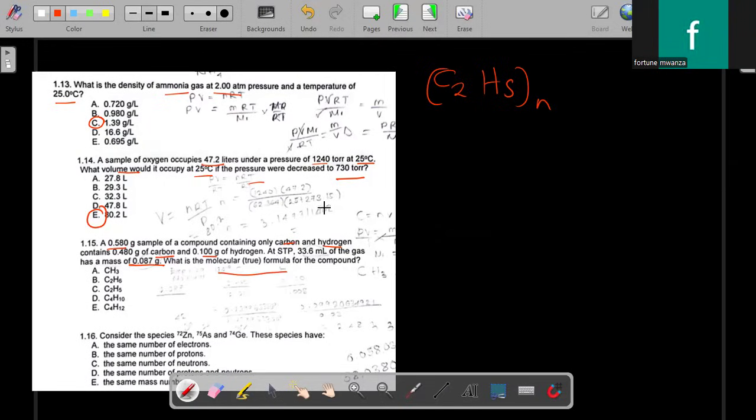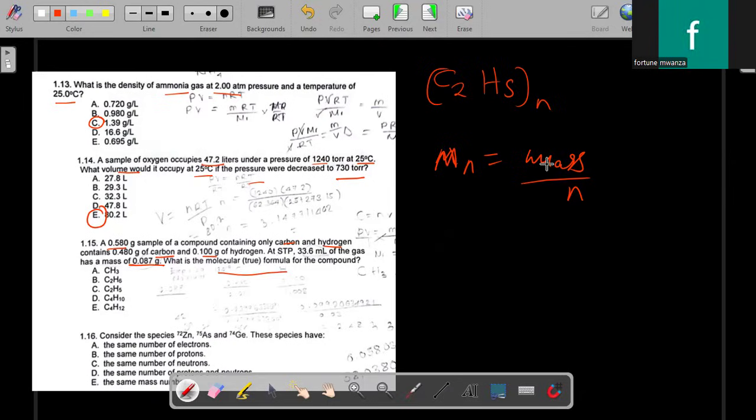I use the ideal gas equation to come up with the number of moles. Those number of moles are going to help me come up with the mass for the true molecular formula. I know that molar mass is given by mass divided by number of moles. From the information I've been given, I can use the ideal gas equation to come up with the number of moles.